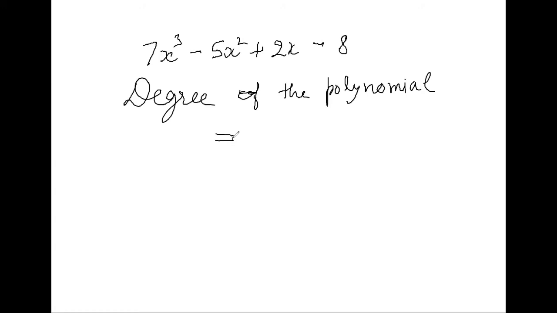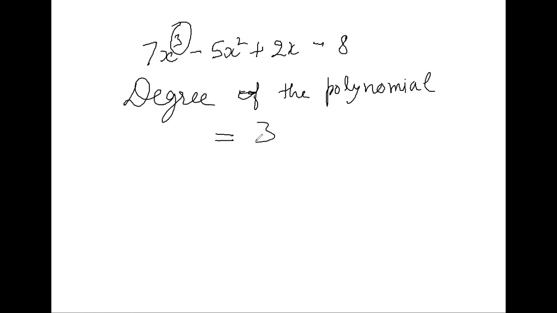Manav Jain, you answer. What is the highest power of x? What is the highest exponent in this expression? Sir, 3. I was asking Manav Jain. So the highest power is 3. It's written here.